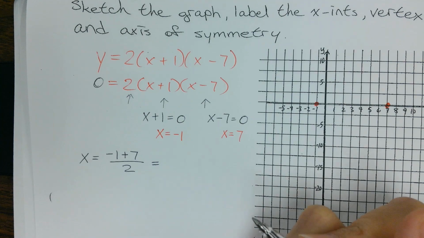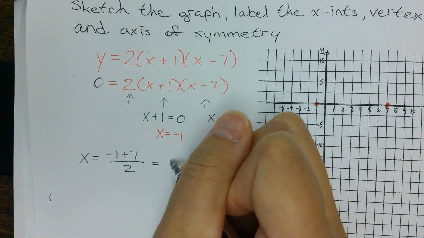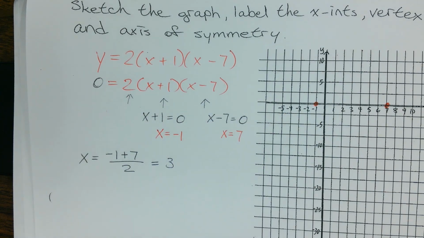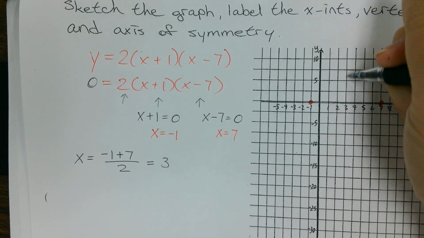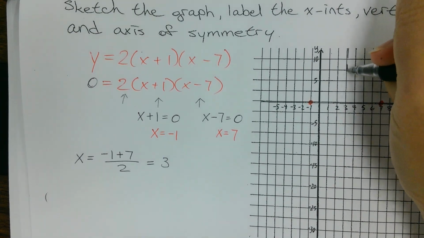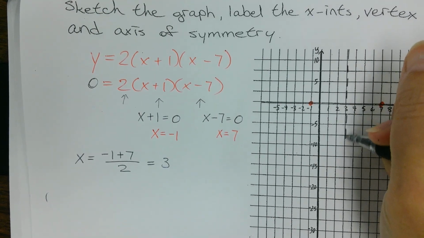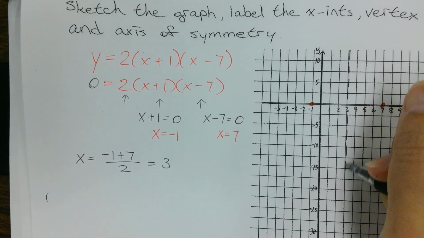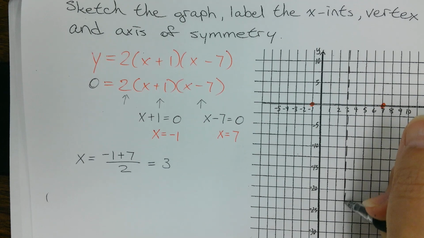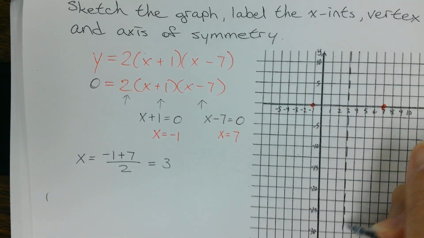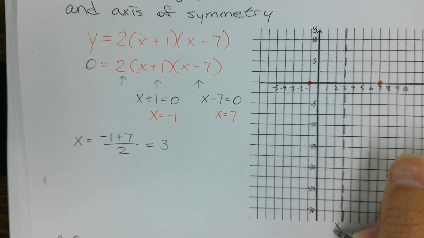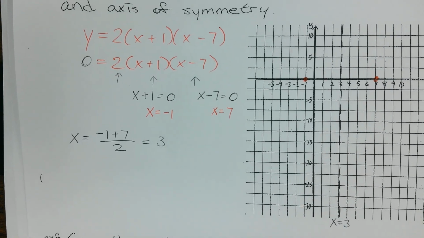So negative 1 plus 7 is 6, and 6 divided by 2 is 3. So I know that my axis of symmetry is right here when x is 3. X equals 3. That's my axis of symmetry.